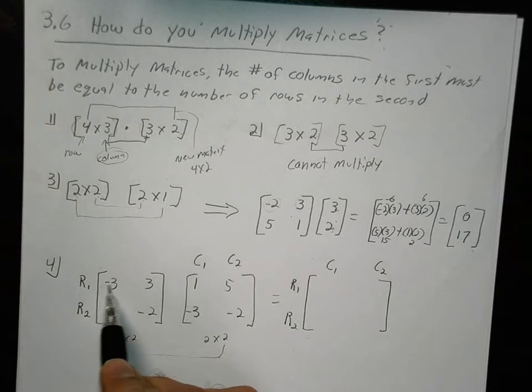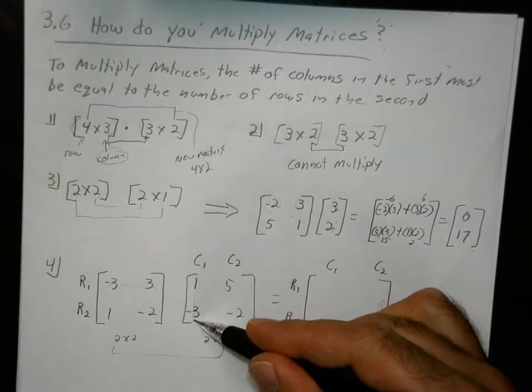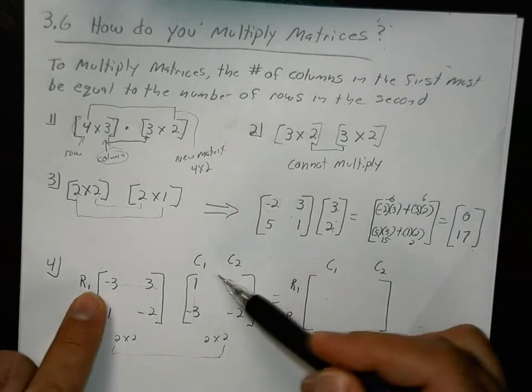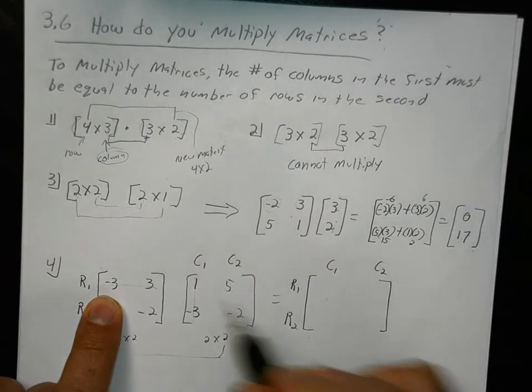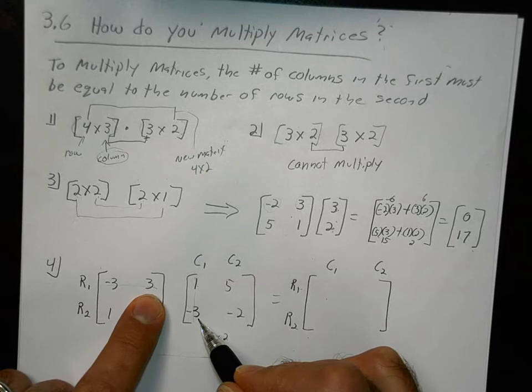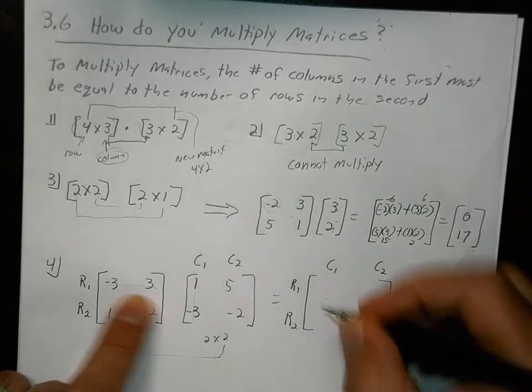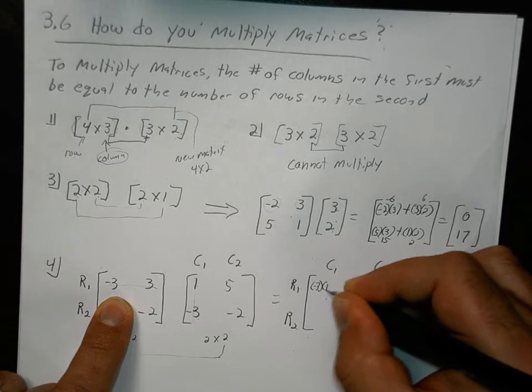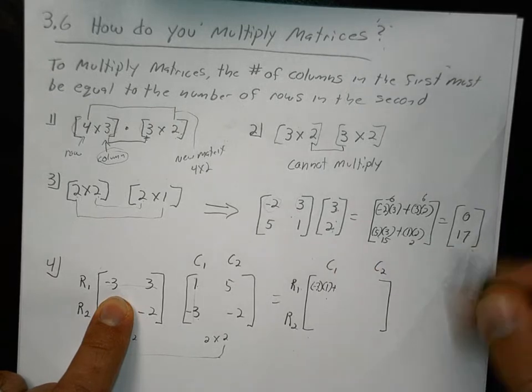So when I multiply row 1 times column 1, it's going to go in the row 1, column 1 location in the new matrix. Okay, so I multiply across and down. I got negative 3 times 1 and 3 times negative 3. So I'll write it out in this one. Might not have enough room.